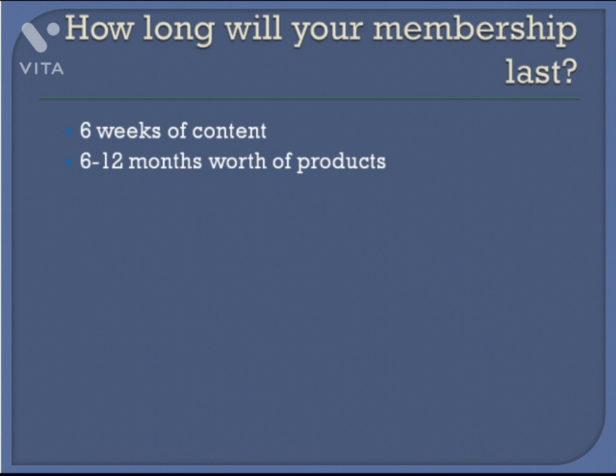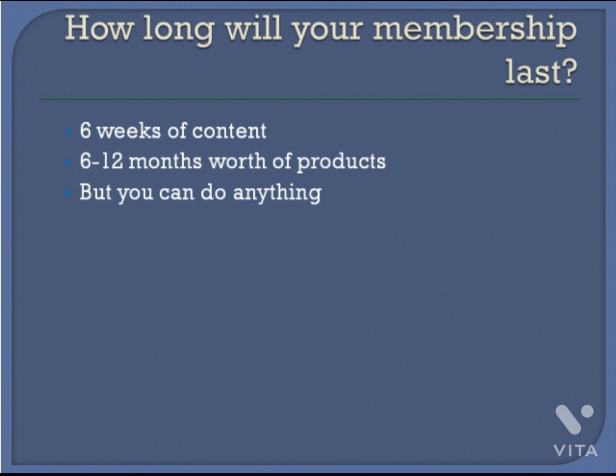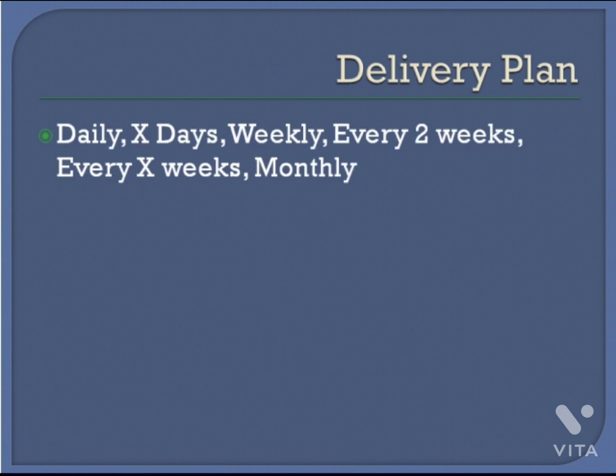So figure that out, and once you figure how much content you have and how long it'll last, then you can understand your delivery plan. And that's very, very easy. It just follows through with the same thing. You can do daily, X number of days, weekly, every 2 weeks, every X weeks, monthly, and so forth.